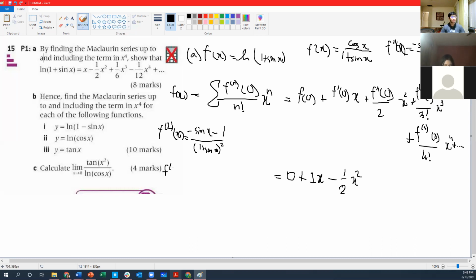So now we find the third derivative of f, and that happens to be, once again, low d high. The derivative of the top will be minus cos x. So we have minus cos x times 1 plus sine x squared. So low d high minus high d low. So minus, high will just become plus sine x plus 1, right?